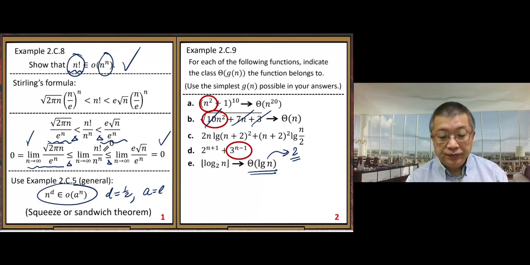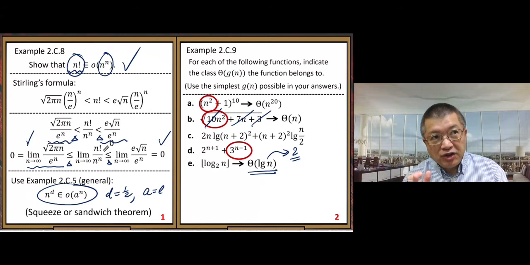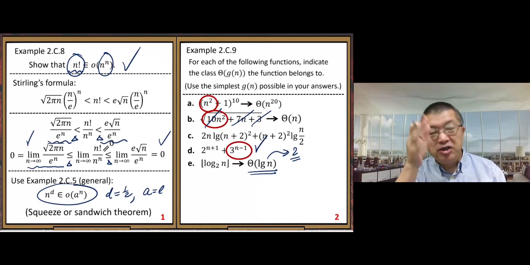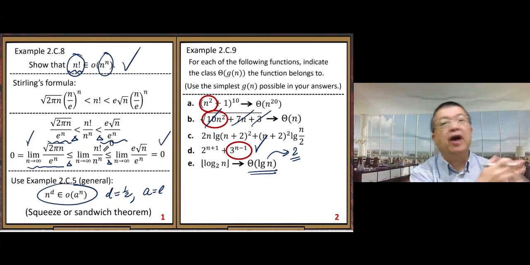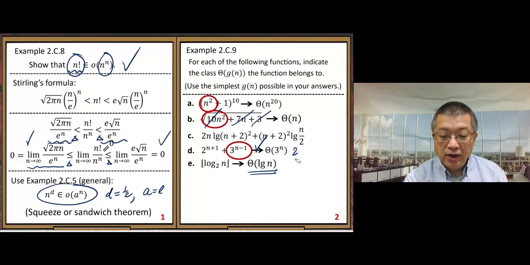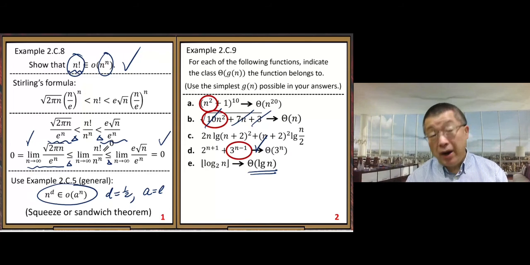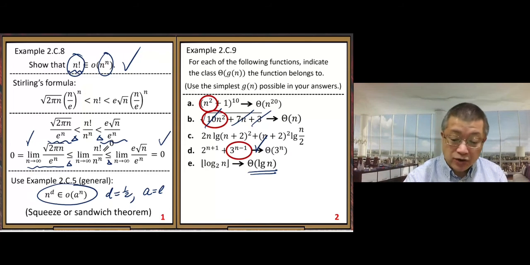All right, D. You can see the dominant term. There are two terms: an exponential function with base 2 and an exponential function with base 3. But definitely the term with base 3 dominates the other one. So if we choose the big theta class, that should be big theta of 3 to the nth. Because that minus 1 is just some constant, so we can skip it.